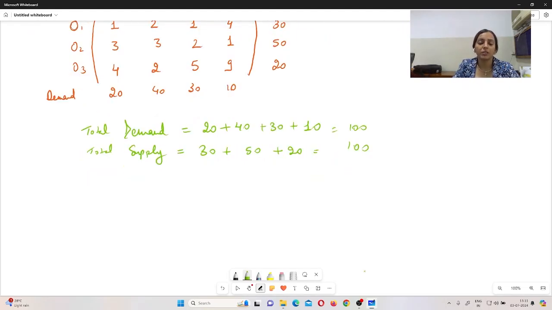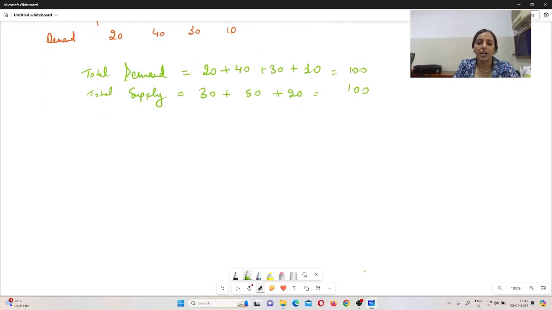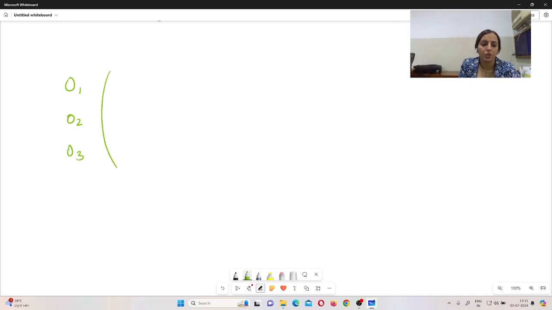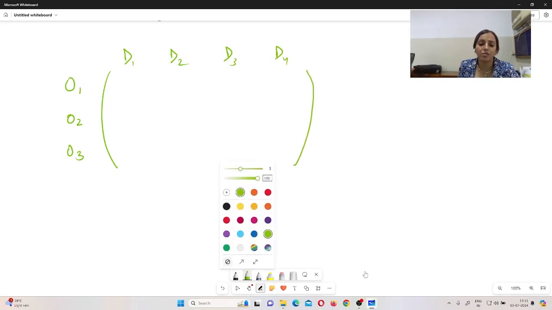To apply the VAM method, you could also start by reducing the matrix, but in the same question we start again with O1, O2, O3 and D1, D2, D3 and D4. As demand is equal to supply, we don't have to create any dummy rows or columns.